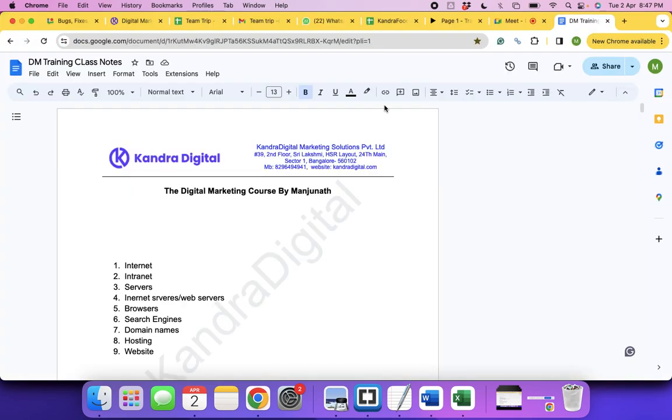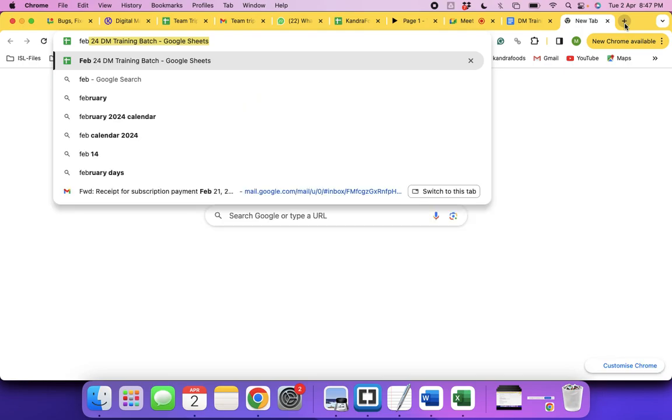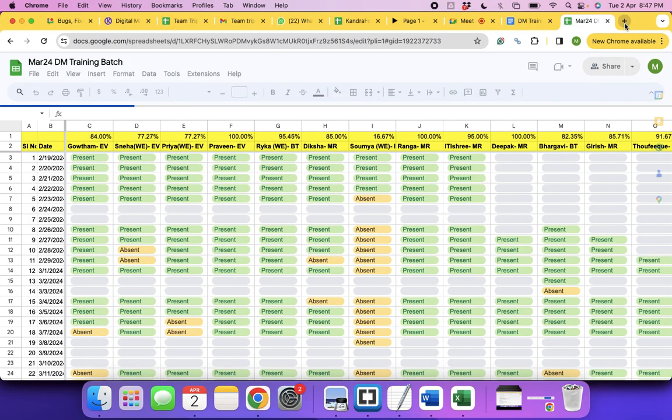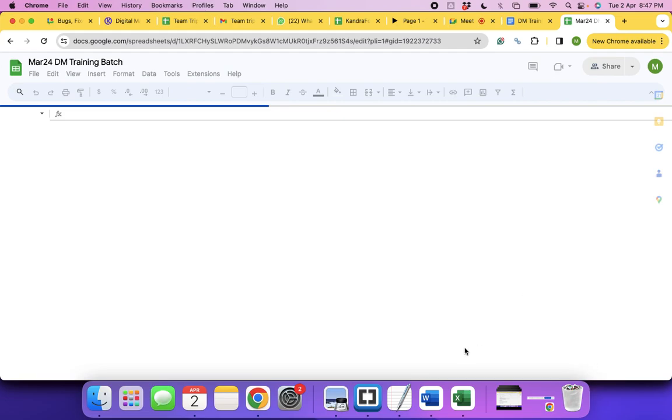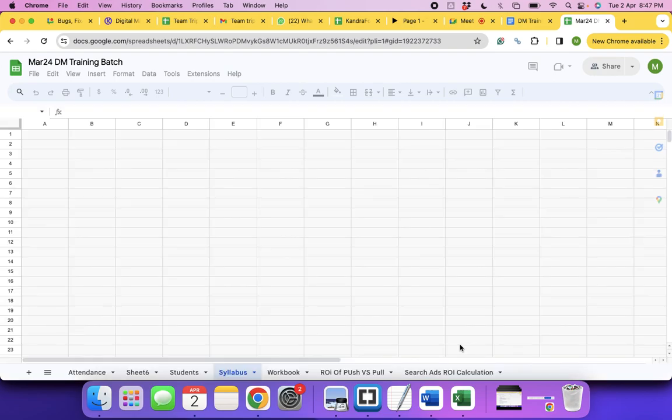The class, where is the document here? Yes, this one. So you can refer to it. All the formulas are available here. You can play around with it, duplicate this or make a copy of this. Don't edit it here, and try to understand it further.